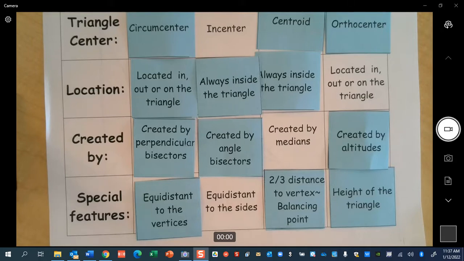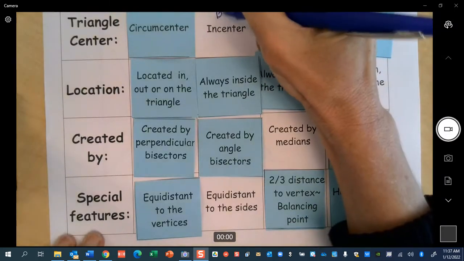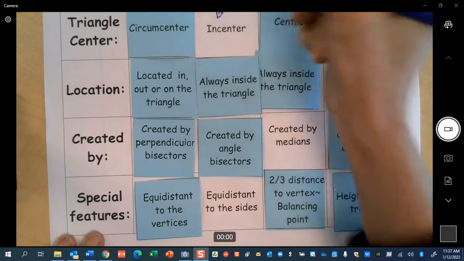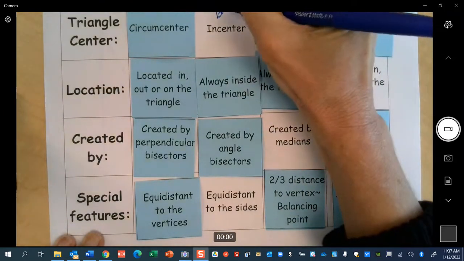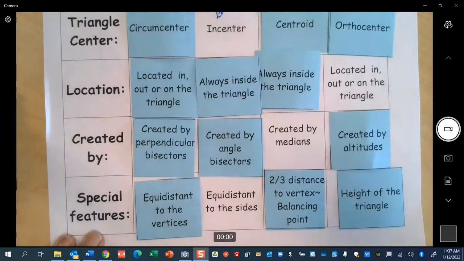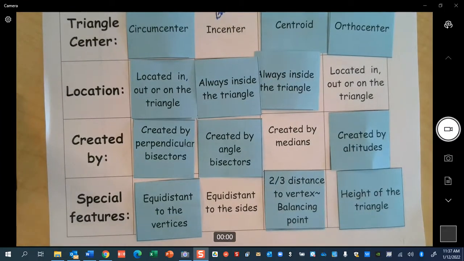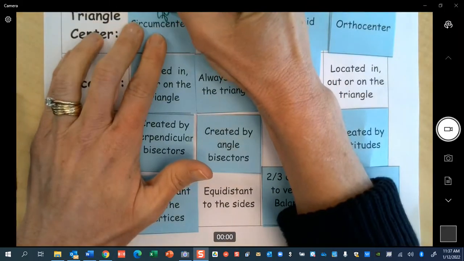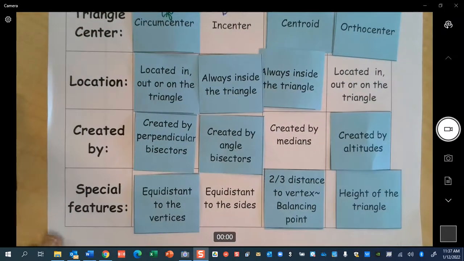Now, if you have your triangles from when we had our lesson in folding, if it helps you to go ahead and remember, this was our blue triangle when we talked about our in-center, when we folded and made our angle bisectors. This was our green triangle when we folded and made our perpendicular bisectors.